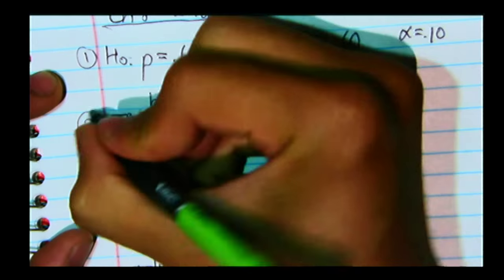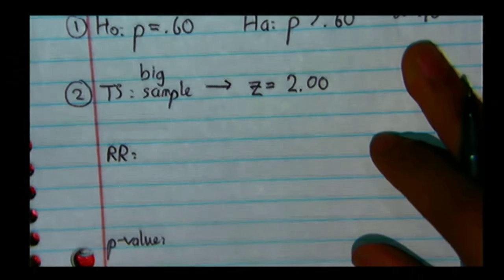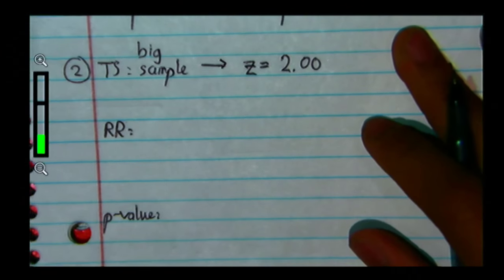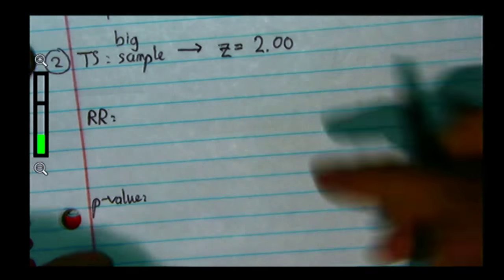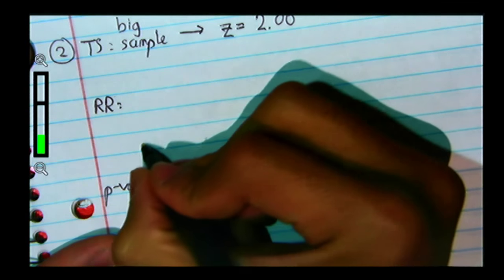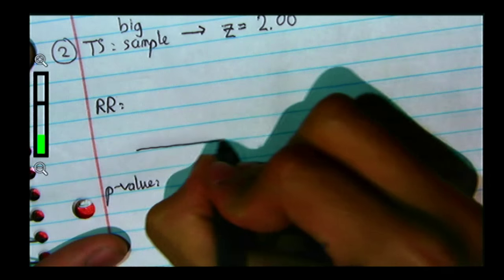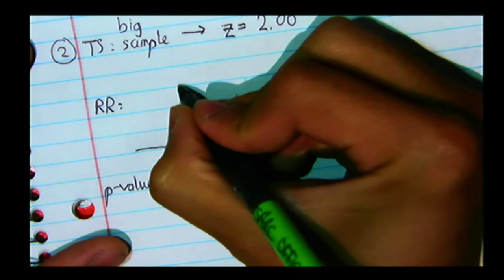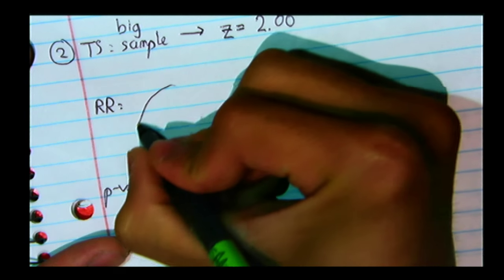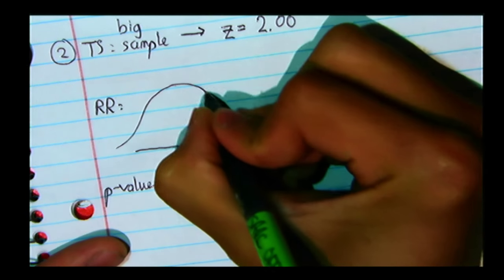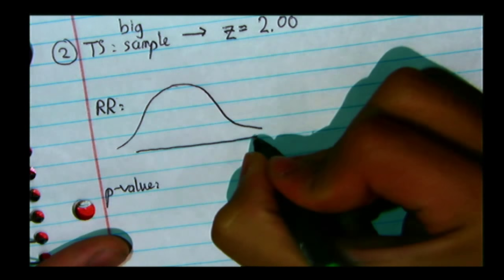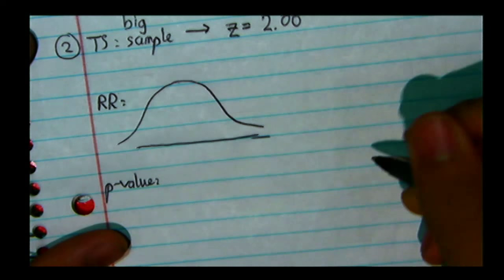Now, rejection region, start off by drawing your graph, a normal curve. And look at what your HA is, because that'll tell you what kind of test you have. Because HA is greater than, we have a one-tailed test. And it is an upper-tailed test because it's greater.